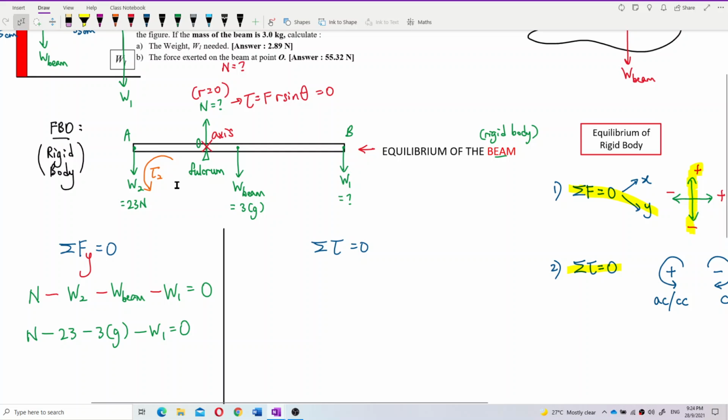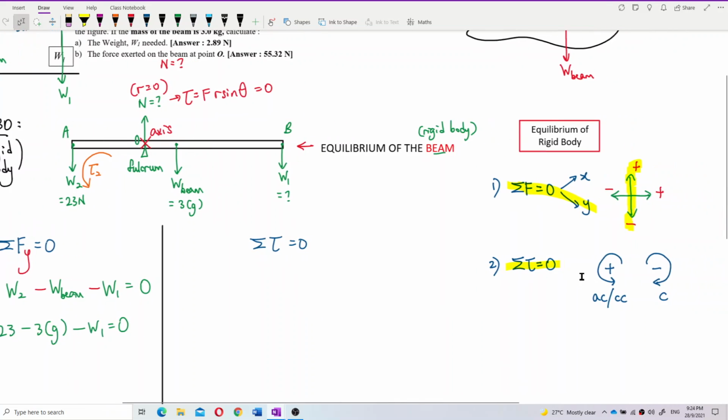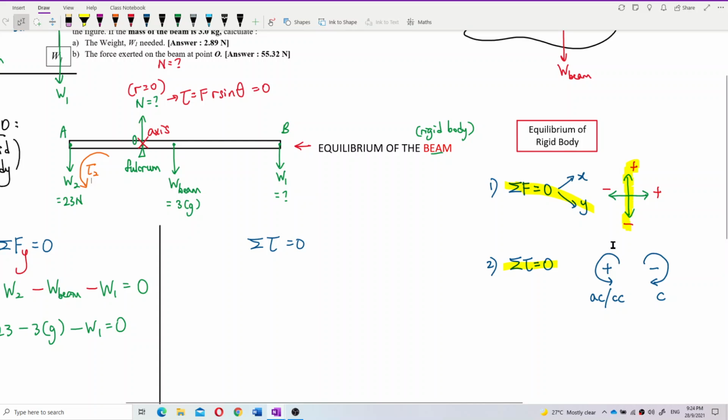Do we put it as a positive torque or a negative torque? Remember this one: torque that is anti-clockwise is positive, clockwise is negative. This positive and negative is just direction only. It's the same as the direction in linear motion last time: going to the right is positive, going to the left is negative.